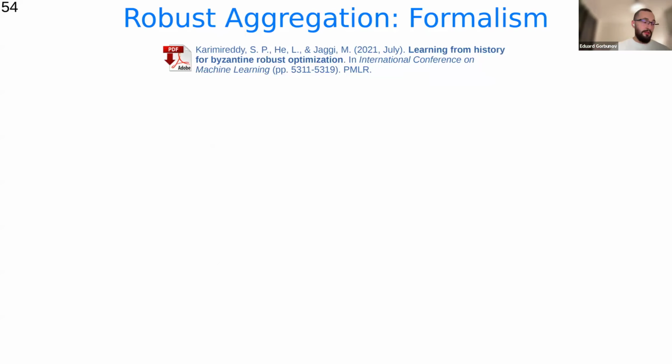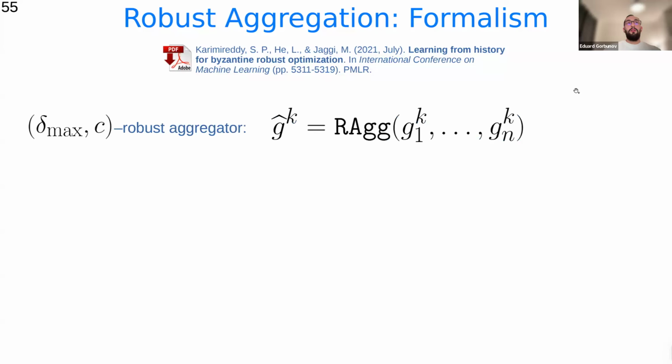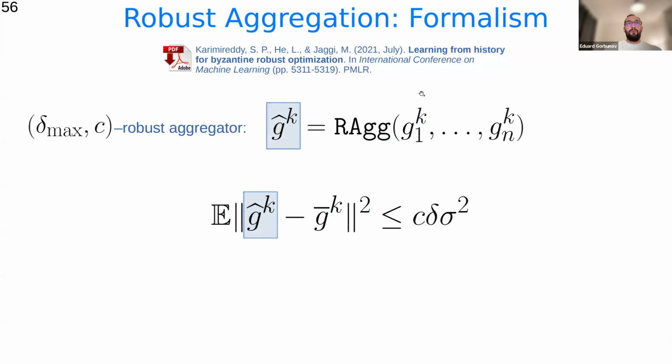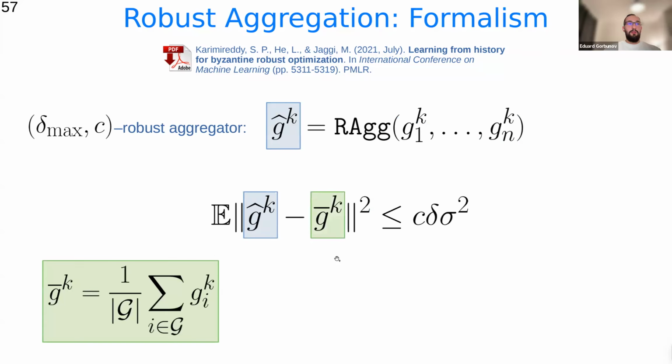Partially the reason for that was that there was no formalism for robust aggregation. This formalism was introduced by Karimireddy et al. in their ICML 2021 paper. They say that basically this aggregator is robust if it approximates the ideal average, which is just the average over good clients, up to this error, which is proportional to delta, the ratio of Byzantines. This is a reminder.